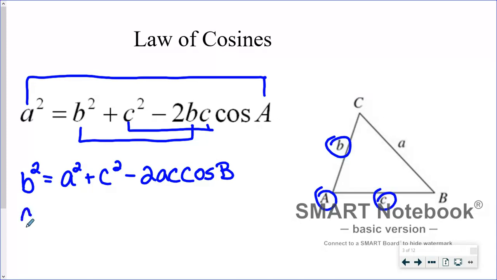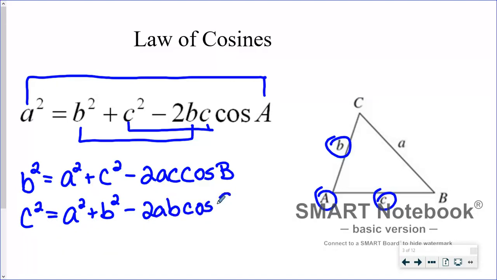Similarly, you could say c squared is equal to a squared plus b squared minus 2ab times the cosine of angle C. That works perfectly fine as well, because the C and the C match up, and A and B match up.